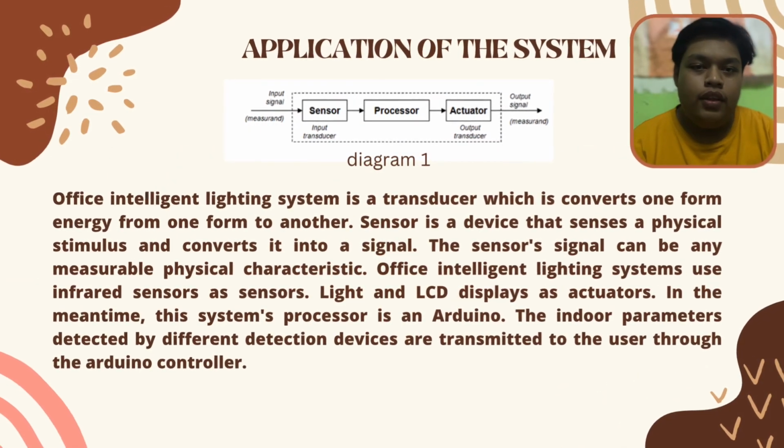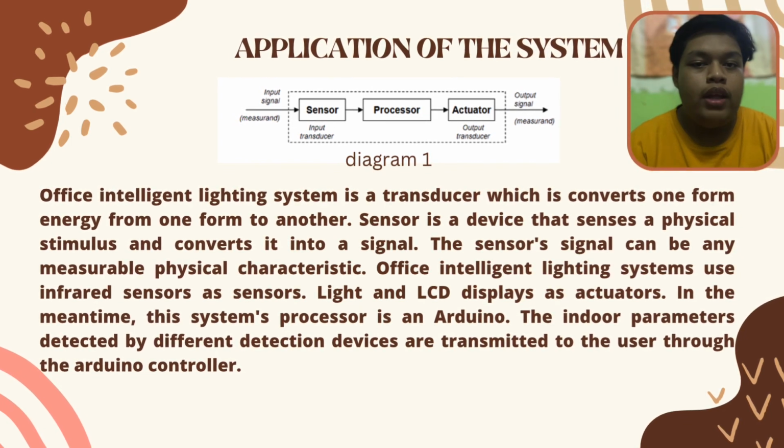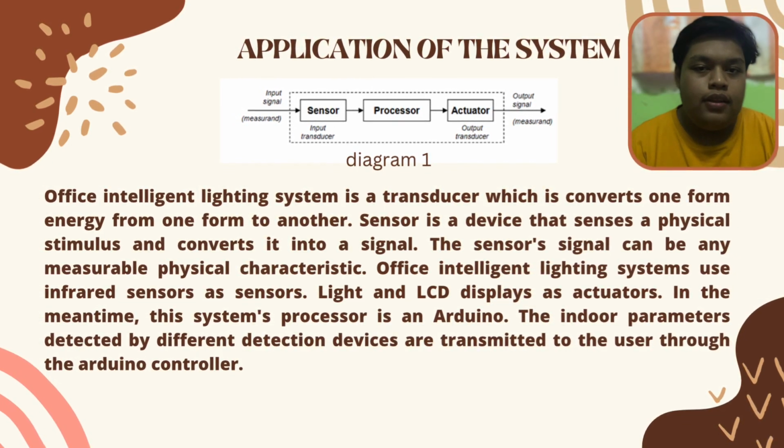The Office Intelligent lighting system is a transducer, which converts energy from one form to another. A sensor is a device that senses a physical stimulus and converts it into a signal. The sensor signal can be any measurable physical characteristic.